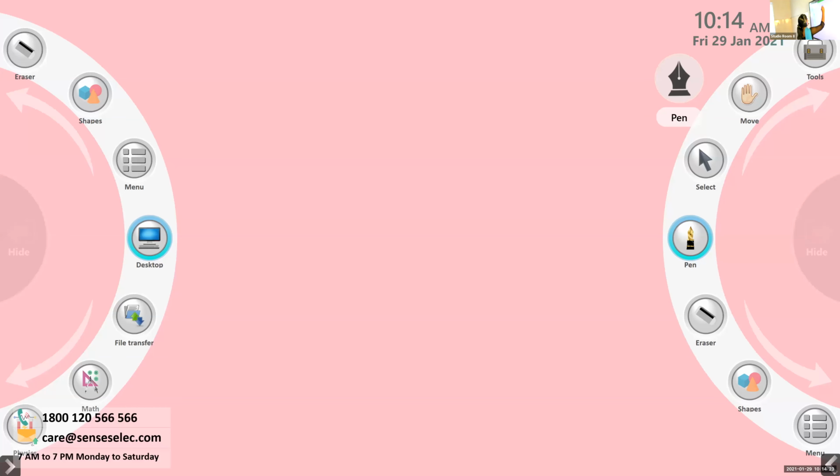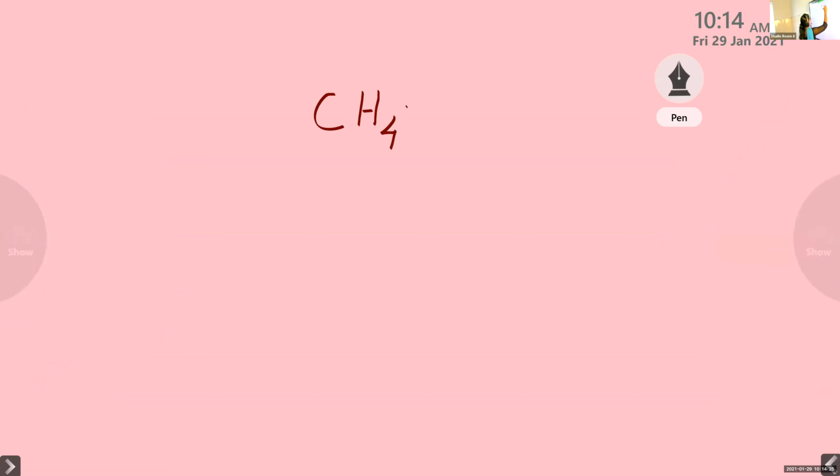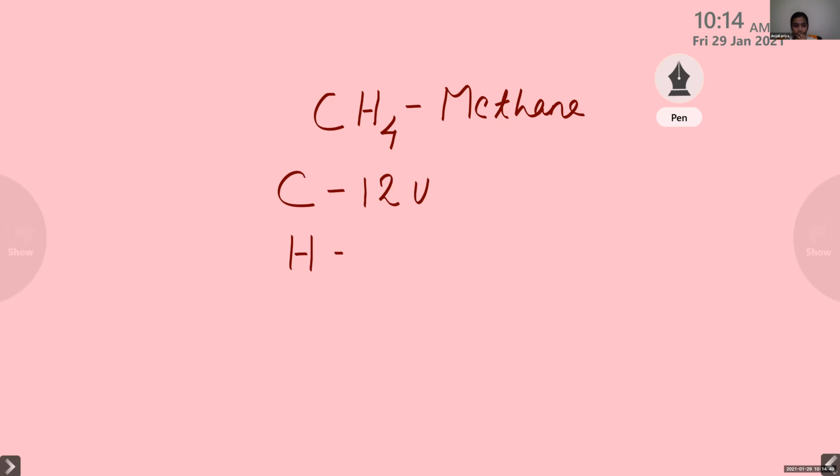How to find out the molecular mass of CH4, that is methane? Sum of the atomic masses of carbon and hydrogen. What about the atomic mass of carbon? 12U. Yeah, it's 12U. Then what about hydrogen?